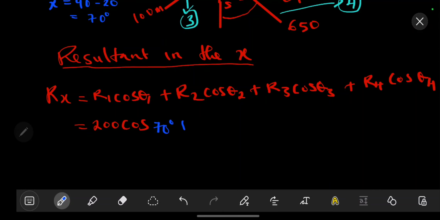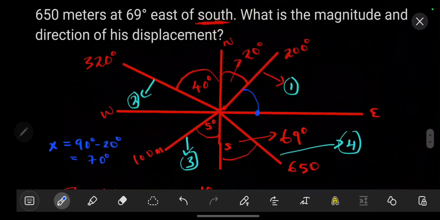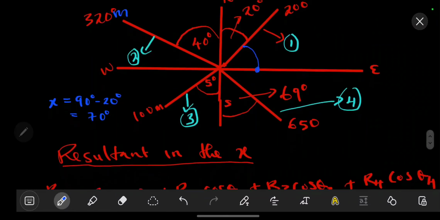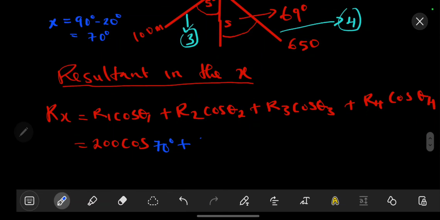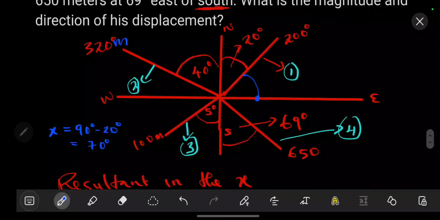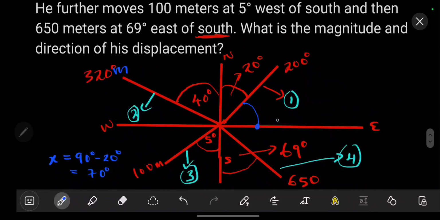So I'll put my 70 degrees there. Then we have plus, what's our R2? Our R2 is 320 meters. So we are going to say 320 cosine of our angle. Now our angle measured from the positive x-axis, here we have 70 degrees, so we are looking at the angle from here up to the second part. Now how do we find that one?